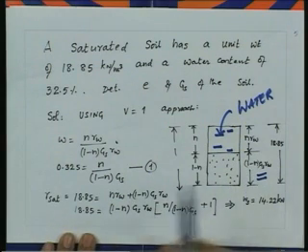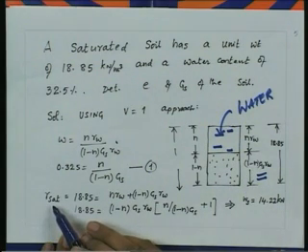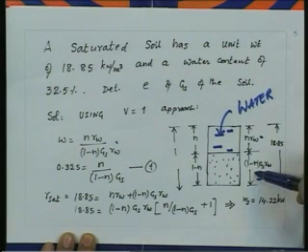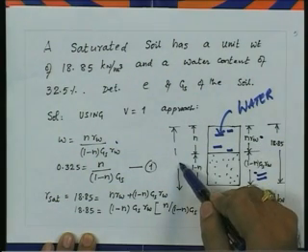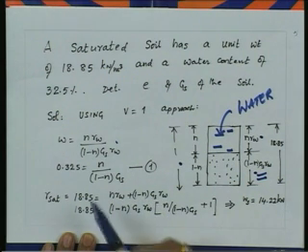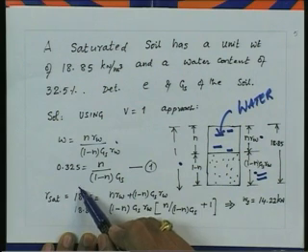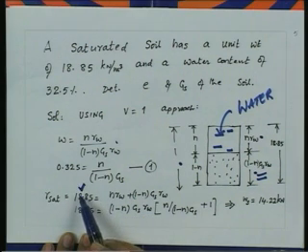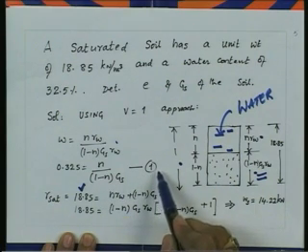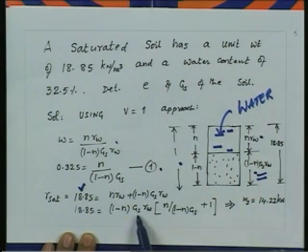Now, we can write gamma sat, the saturated unit weight of the soil mass, as the weight of water plus weight of solids divided by the total volume, which is n gamma w plus (1 minus n) Gs gamma w. By knowing gamma sat is equal to 18.85 kilonewton per meter cube, substituting for gamma sat as 18.85, we can solve by using equation 1 and substituting it in equation 2, and we will get the weight of solids.